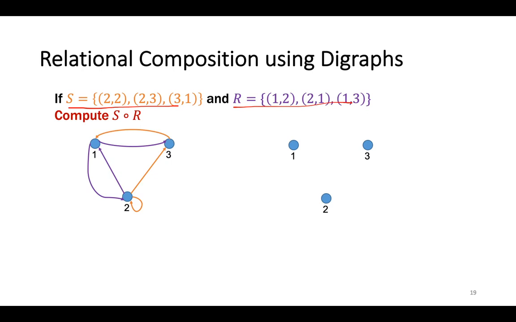So first we need to start from R, 1, 2, and next we can follow this orange line here first. That is this relation, and another one is here, so that means this relation. Yeah, that's it.